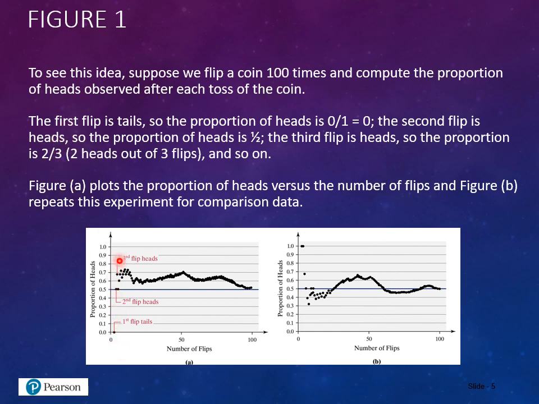Every flip has a big impact on the graph, but you can see as we get into a larger number of flips, the movement is much smaller and likely in a similar direction, as you can see here.